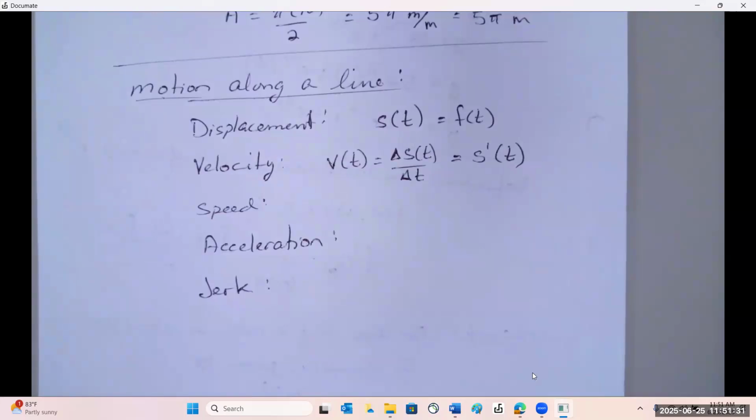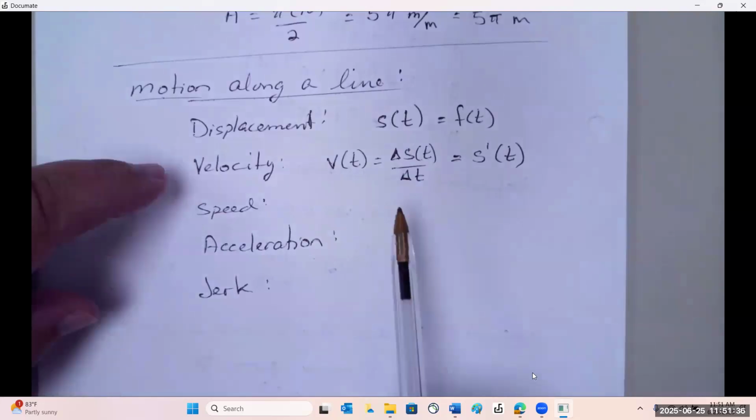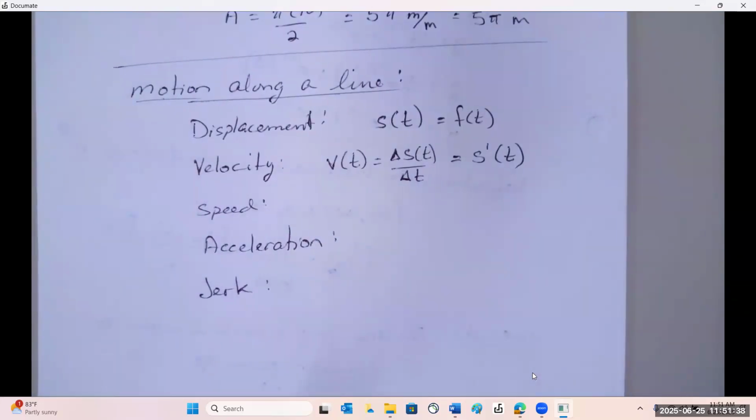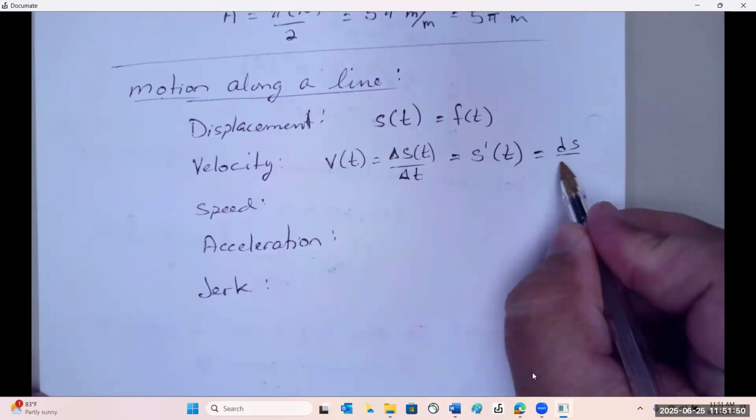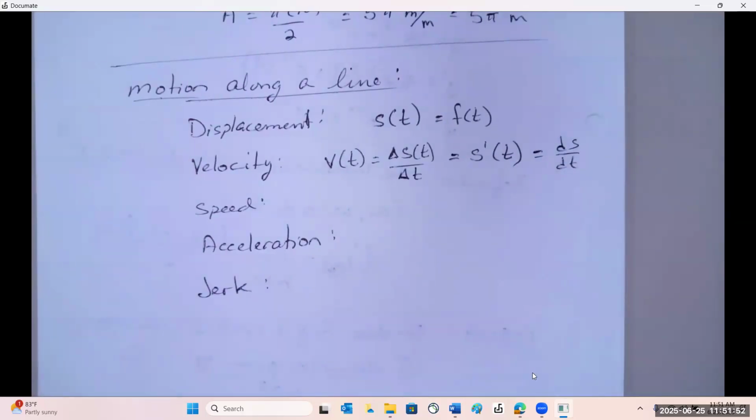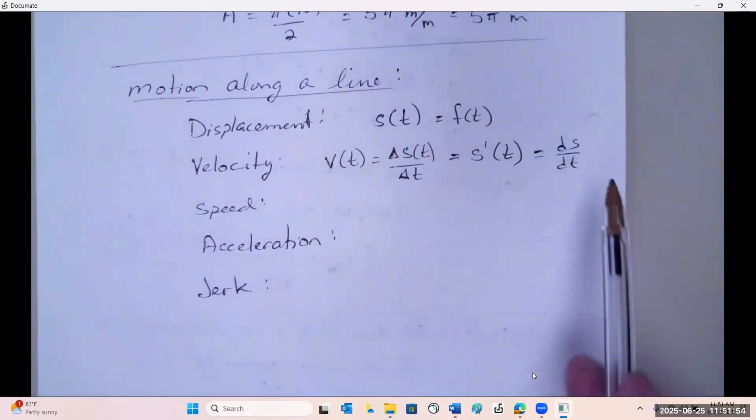So displacement is moving from point A to point B. Velocity is that change of displacement from point A to point B over time. These are all sorts of different ways we can write these things: the derivative of s with respect to t.